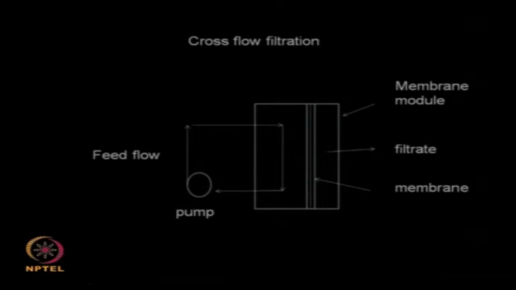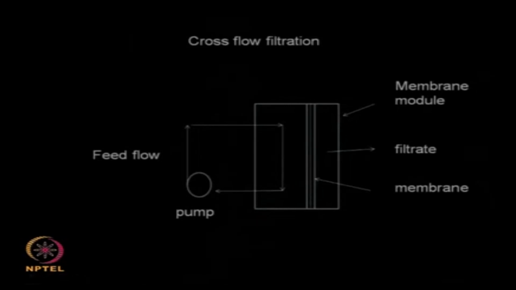This is a typical picture of a cross flow filtration. If you remember how we had the normal dead end filtration where the flow direction is perpendicular to the membrane surface. Here you can see the flow direction is parallel to the membrane surface. So that is why it is called a cross flow filtration. So here you are not going to have any concentration polarization and boundary layer formed.